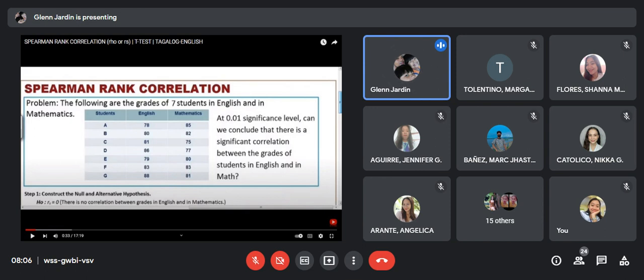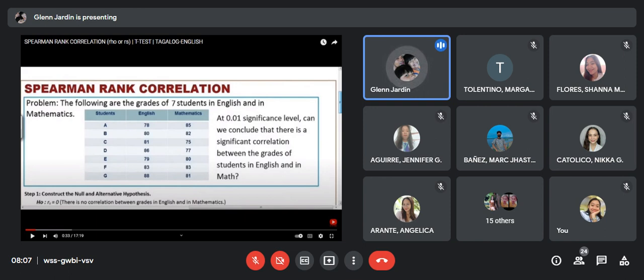Okay. So, the problem given, merong 7 estudyante, merong grades sa English at sa mathematics. So, our goal here is to determine whether English and mathematics grades are correlated sa silang dalawa. Yung X na English, Y yung math, no? And then we observe na dito pa lang pinakita sa atin yung ating N. So, kasi may 7 tayong estudyante, 7 students, ano?